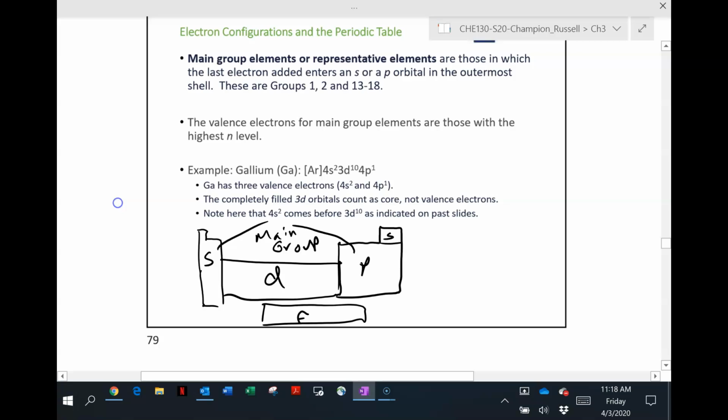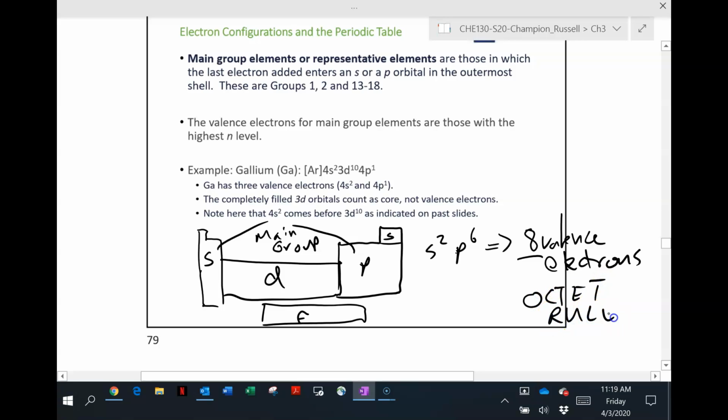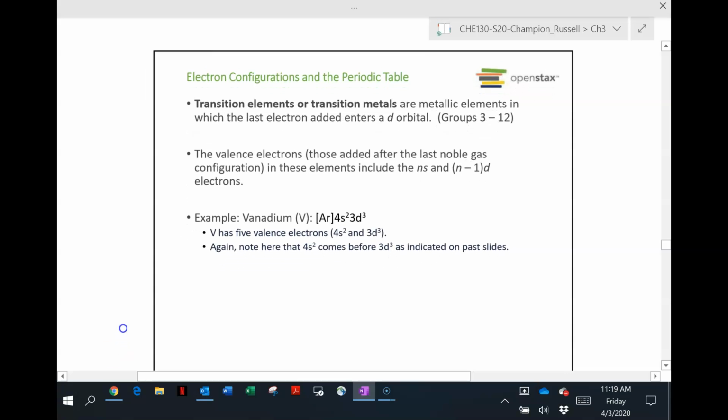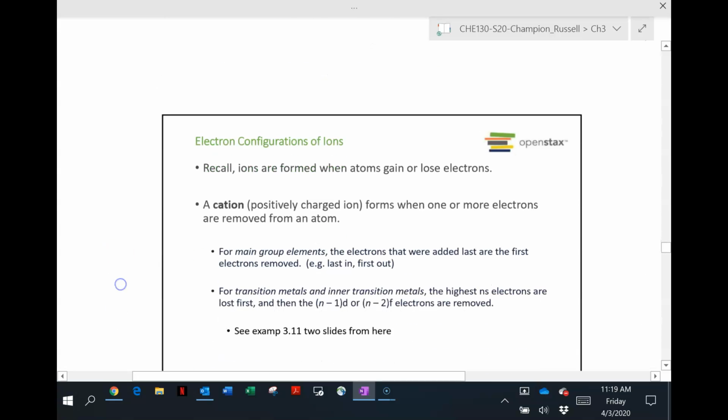And those main group elements, if you're talking about s2 p6, that's going to give you a total of 8 electrons in the valence orbitals maximum, the valence shell maximum, and that leads to something we're going to call later the octet rule, octet meaning 8. The transition metals are the D blocks, and the F block is called the outer transition metals.